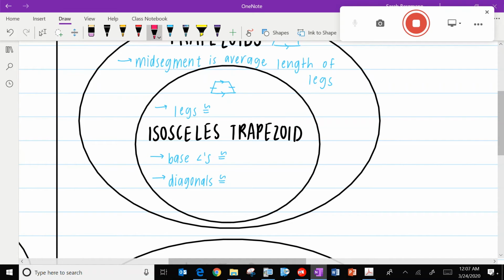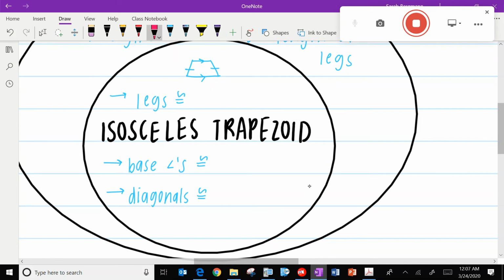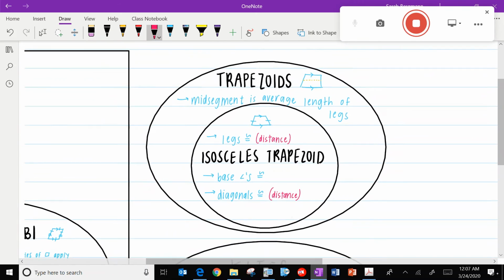In order to prove that a trapezoid is isosceles, what you could do on the coordinate plane to check if the legs are congruent is use distance formula. You would find the length of each leg and see if it's the same. In order to prove that it's an isosceles trapezoid by showing the diagonals are congruent, you would use distance formula on the diagonals to see if the diagonals have the same length. If they do, you know that it's an isosceles trapezoid.